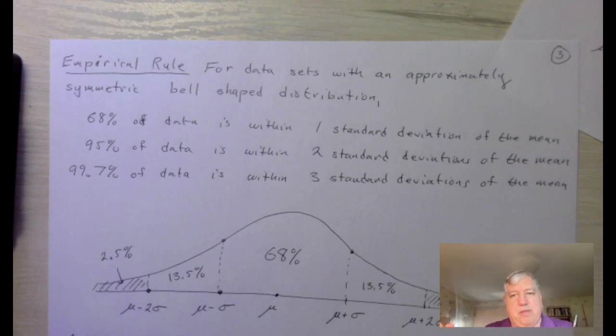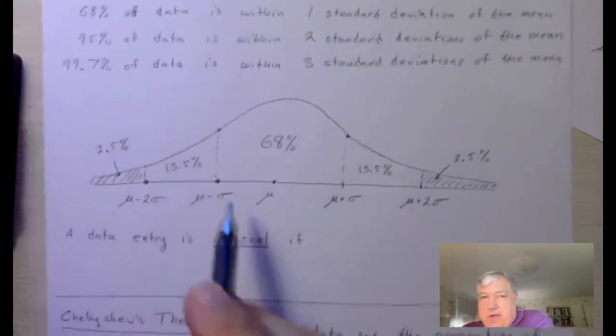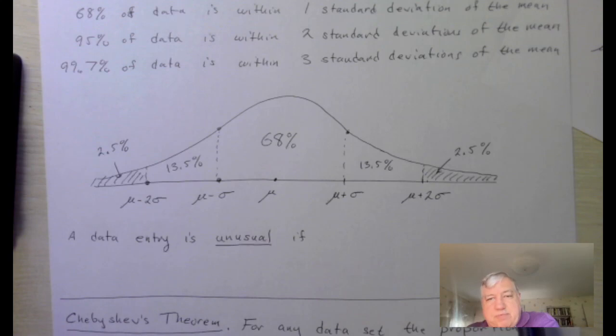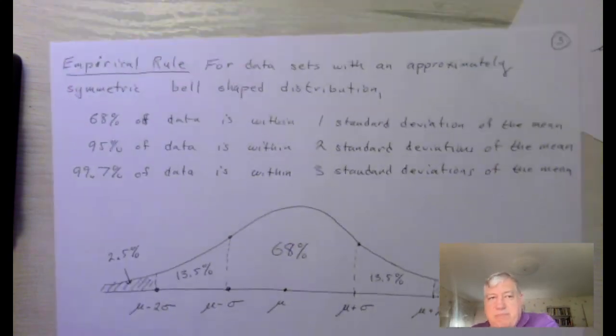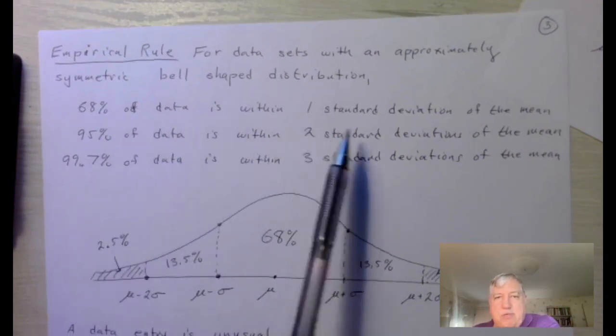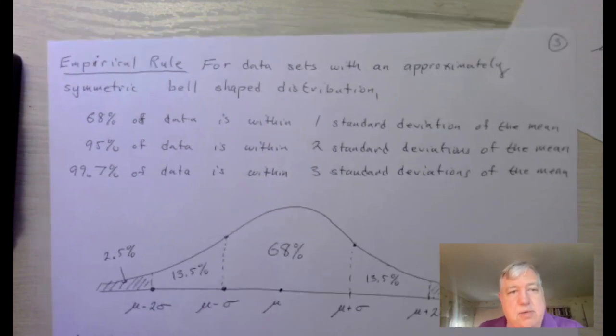That means the tall bars are in the middle and the very short bars are at the ends. Bell-shaped means something like this, if we were to draw a curve through the tops of all the bars of a histogram. Then we can expect that 68% of the data is within one standard deviation of the mean, 95% is within 2 standard deviations, and 99.7% is within 3 standard deviations of the mean.